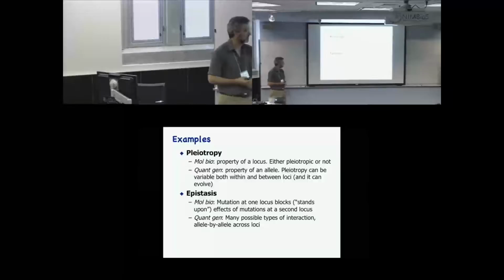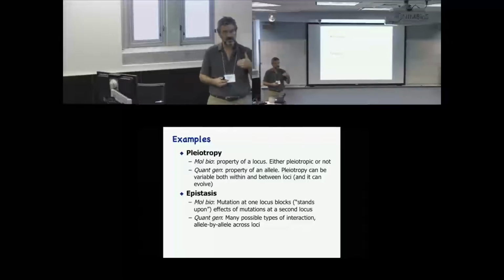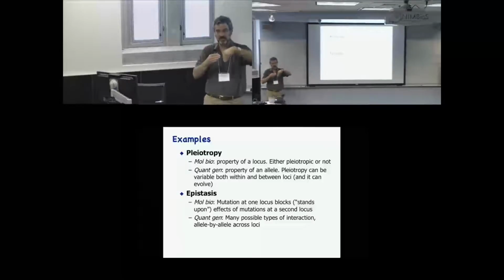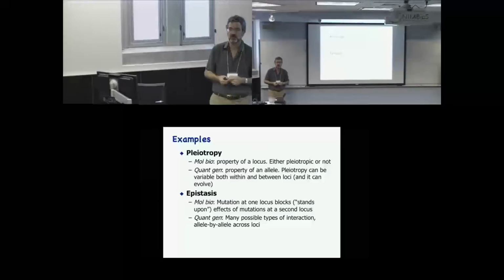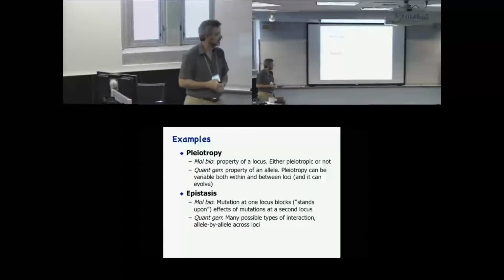Another example that we don't have time to go into is epistasis. In molecular biology, you tend to think of epistasis as a mutation that, when it exists in one gene, blocks the phenotypic effects of mutants at another gene. Epistasis literally means to stand upon the other effects, and so an epistatic locus stands upon the effects of the other loci.